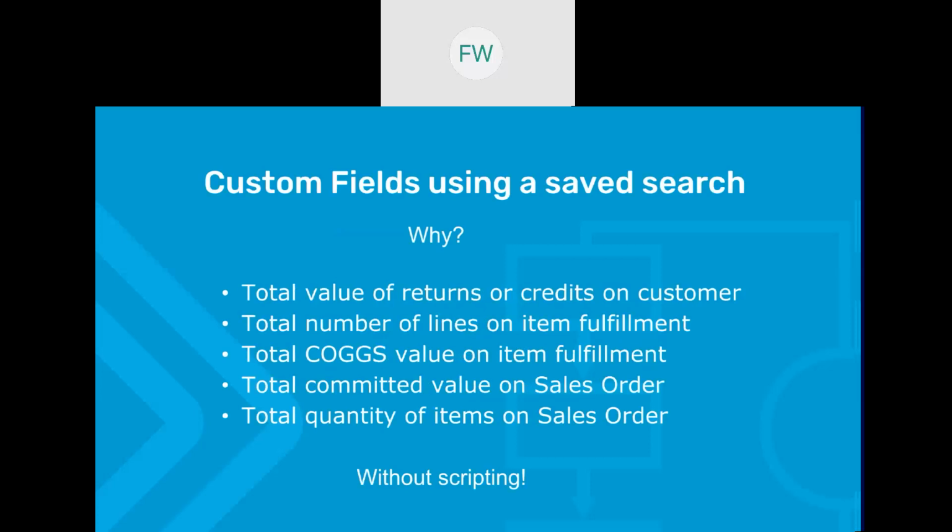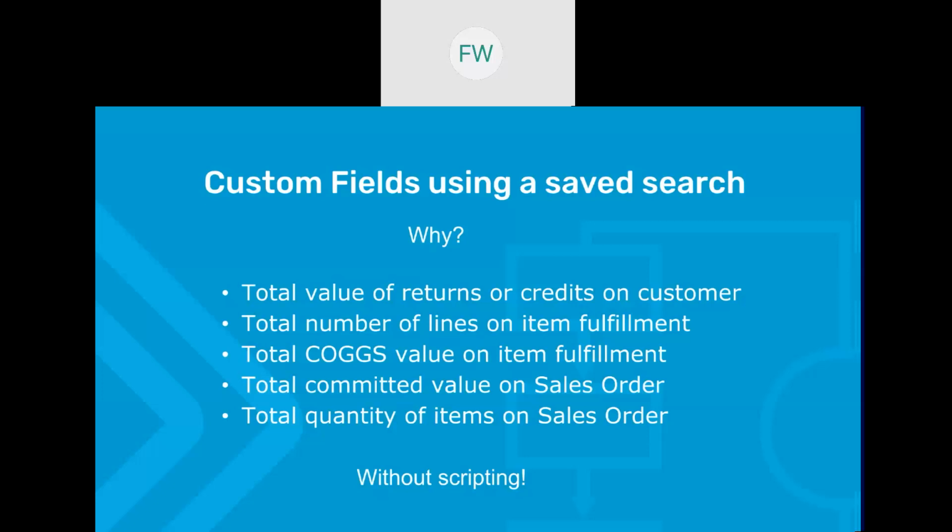First topic, custom fields using a saved search. Now, why would you use a custom field with a saved search link to it? These are just a couple of examples, but you can probably think of some yourself. Let's say you want to have a field on your customer which shows the total value of the returns to that customer, or the total value of the credit memos that you issued for this particular customer.